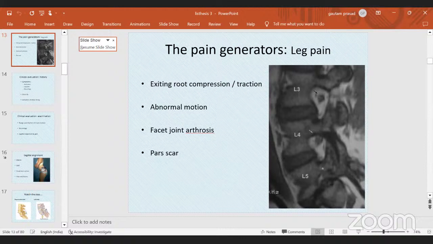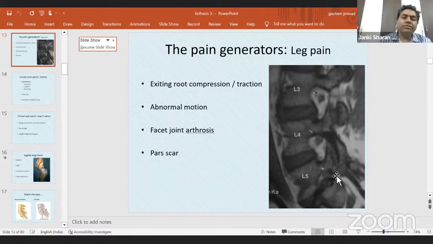So for L5-S1 listhesis, the exiting root will get compressed, because that's where the listhesis lies. If there is central canal stenosis accompanying this, that's the time the traversing roots, the cauda equina, will get compressed. Okay. Yes, sir.